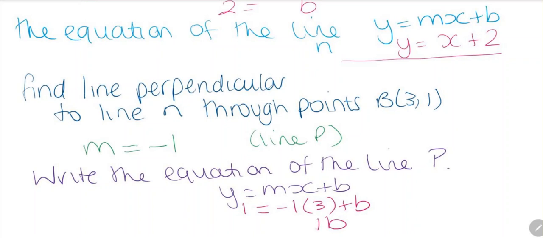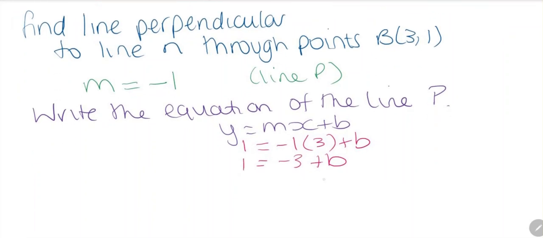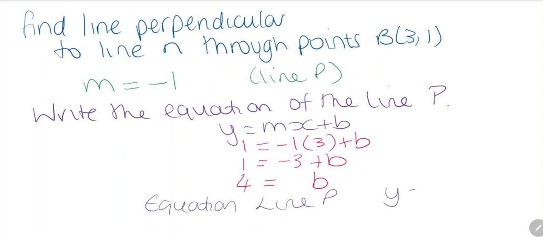So b plus -3 is 1, so that is going to be, add 3 to both sides, b is 4. So our equation for line P is going to be y equals mx plus b. We know the slope is -1, so I'm just going to write minus x, and the intercept is at 4.